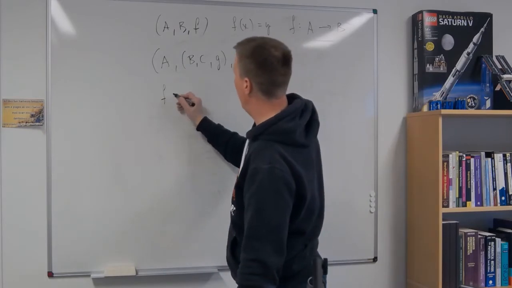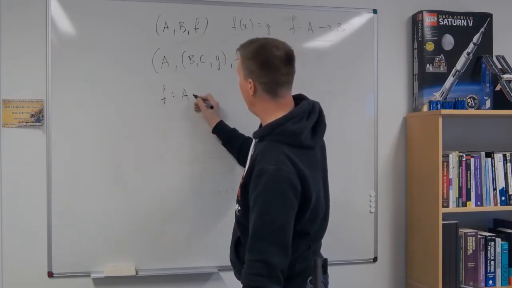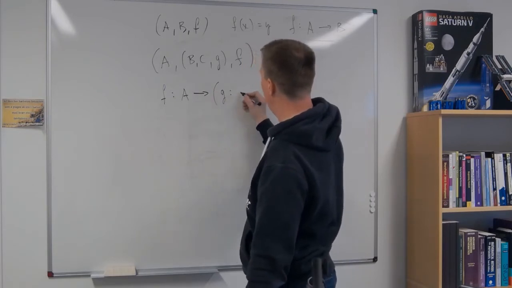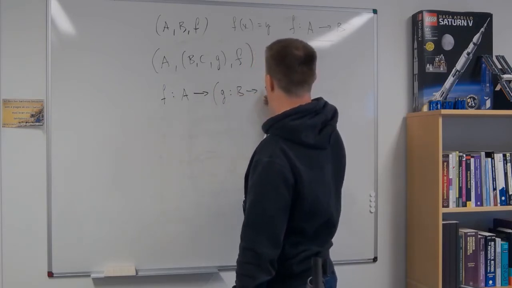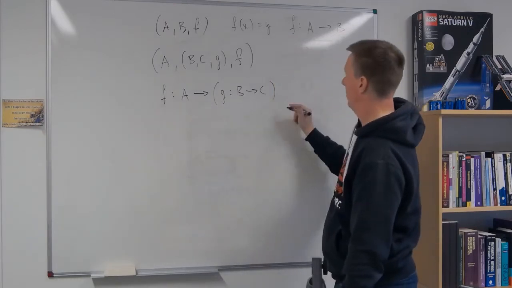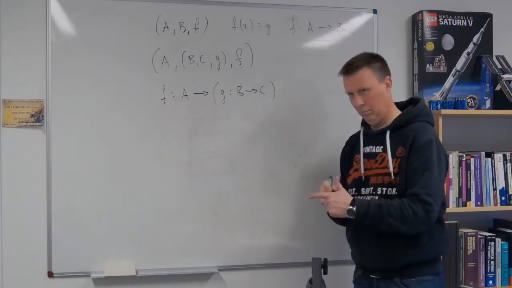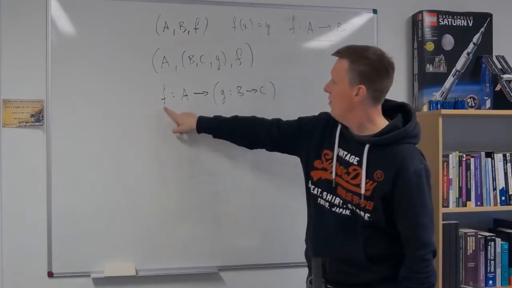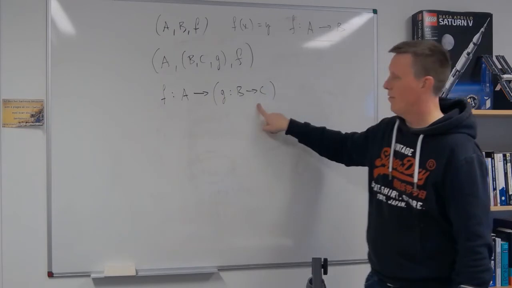We have F here is a mapping from A to, and then we have this other mapping, G, which is a mapping from B to C. This is a function which takes an A and gives us a function back.